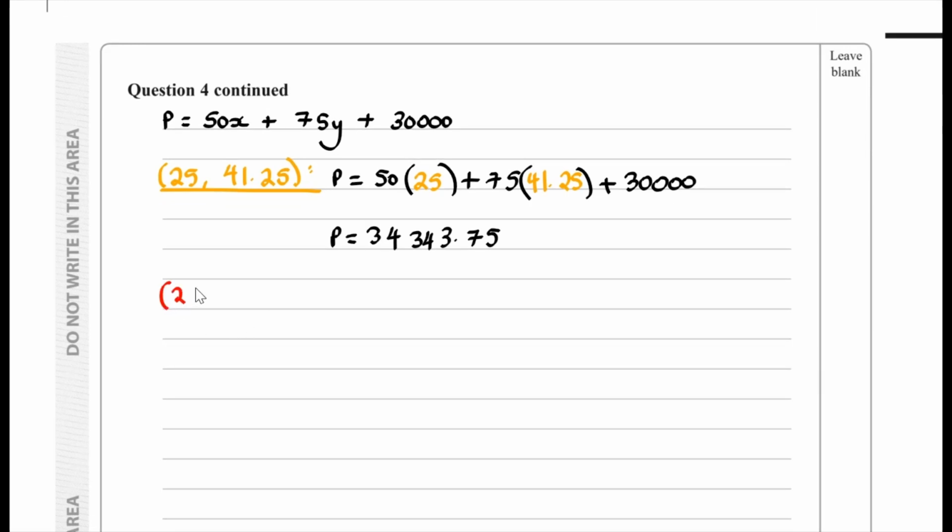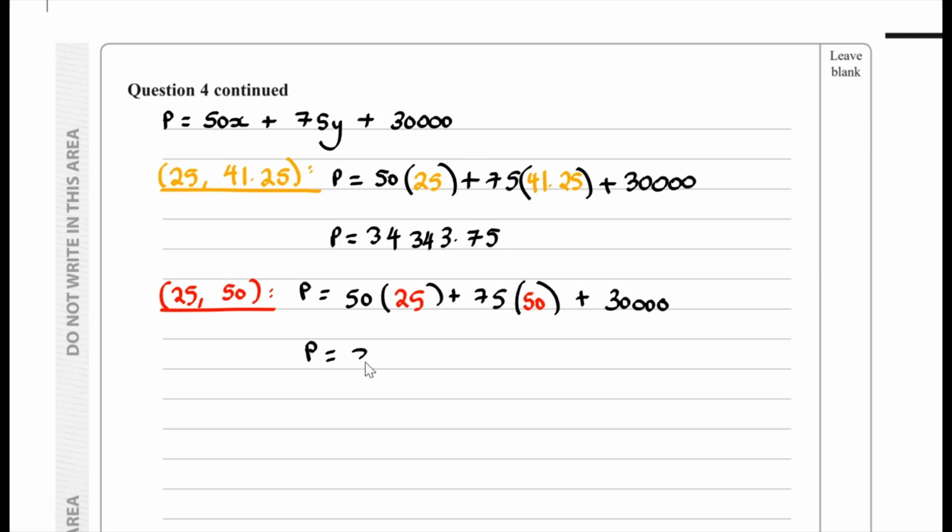Let's now substitute in the other point, the 25 and the 50. So if we substitute in 25 and 50, we have p equals 50 lots of 25 plus 75 lots of 50. And then we have 30,000 as well. And if we work this out, you'd find P to equal 35,000.